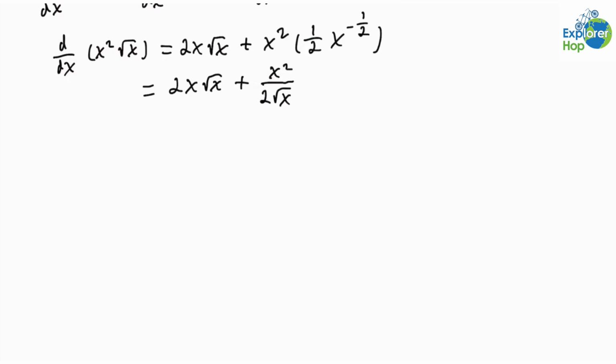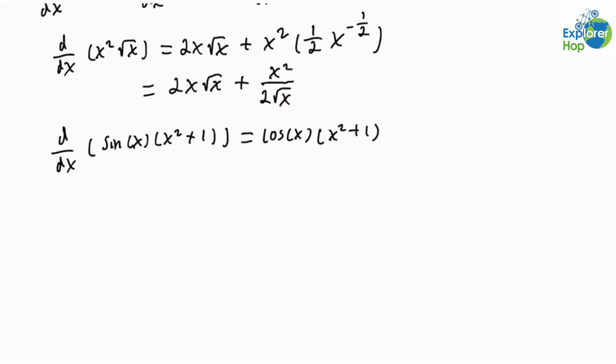So the derivative of sine x times x squared plus 1 is equal to, so once again, applying the product rule, the derivative of sine x, which is cosine of x, times the second function, which is x squared plus 1, plus the first function, which is sine x, times the derivative of the second function, which is 2x.